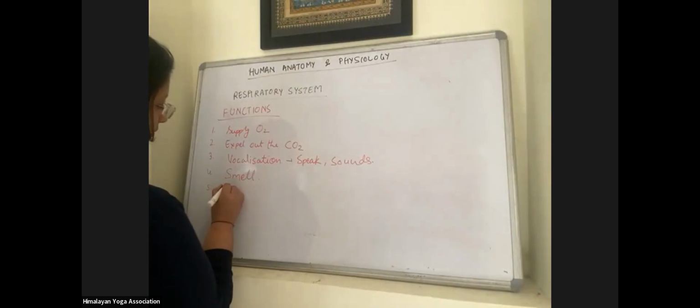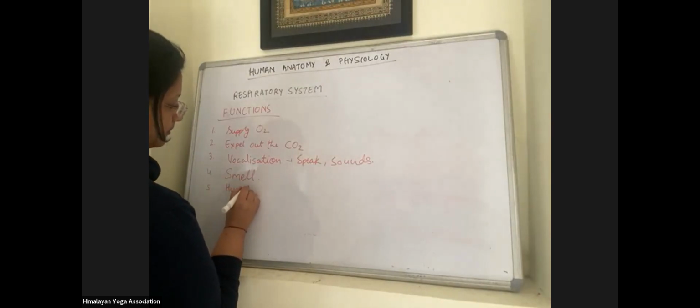We do not want our body to feel very dry. That's why we have mucus in the nostrils, so that when the air comes, the function of the nose is to humidify the dry air. So the function is to humidify the air.